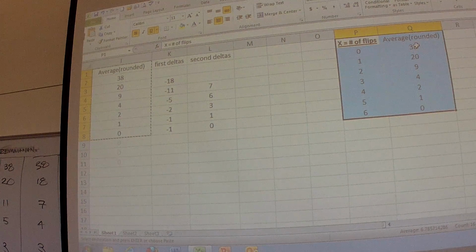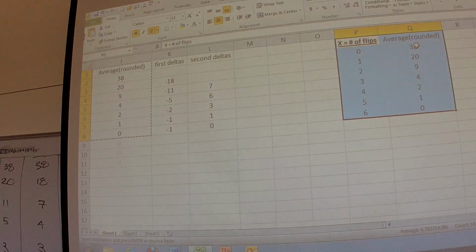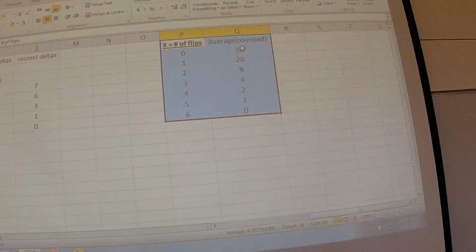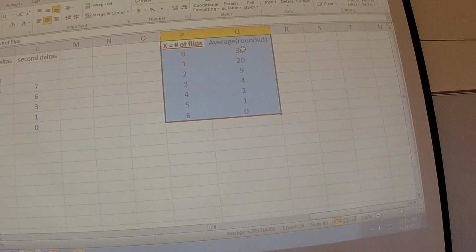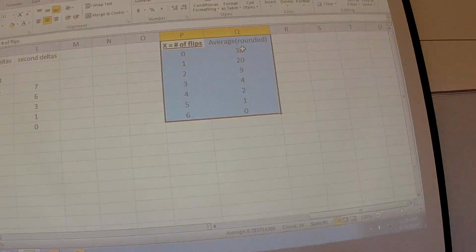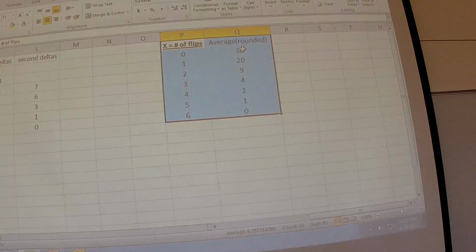What's the relationship as we start at 38 and then go to 20, and then we go 20 to 9, and then 9 to 4, and then 4. It's not perfect. It's not perfect, but knowing what you know about coins, what's happening? Echo, what's happening? You're losing approximately half each time.